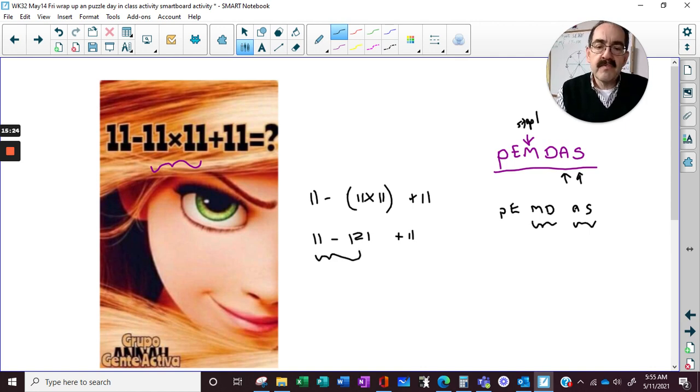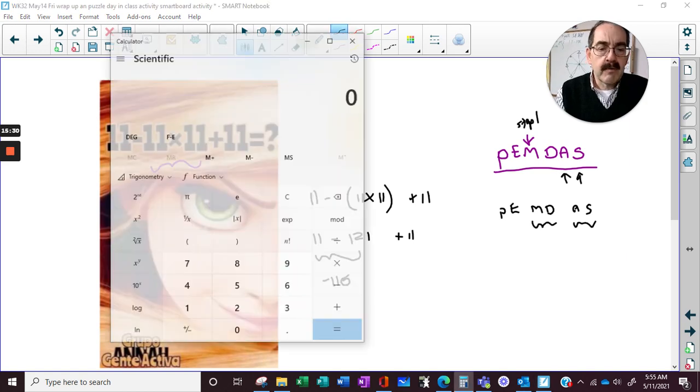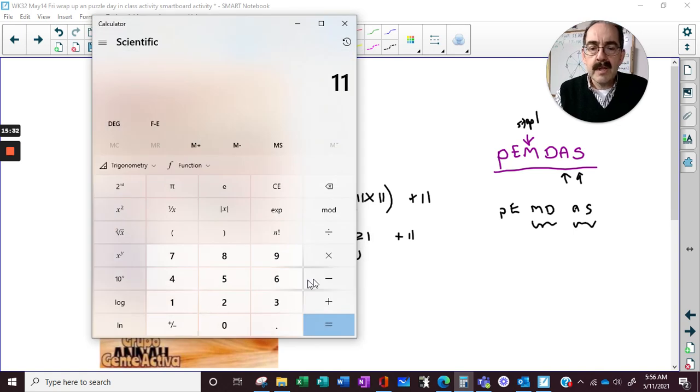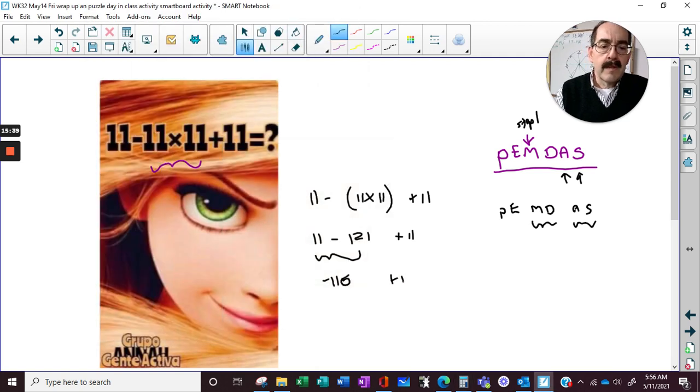So I'm going to do this one first. 11 minus 121 gives me negative 110. Remember, just grab a calculator if that bothers you. Add the 11, and we get negative 99.